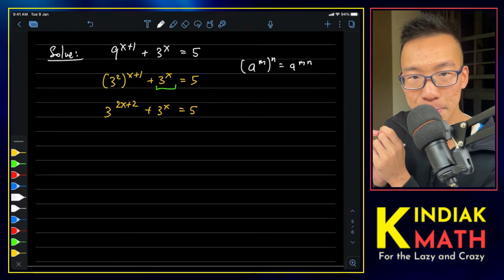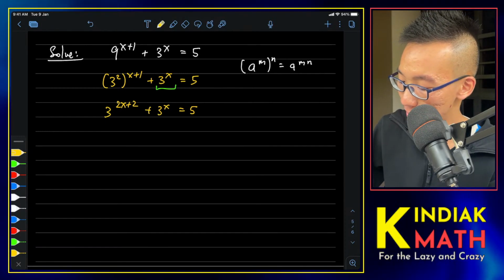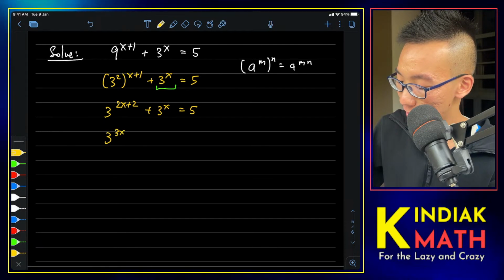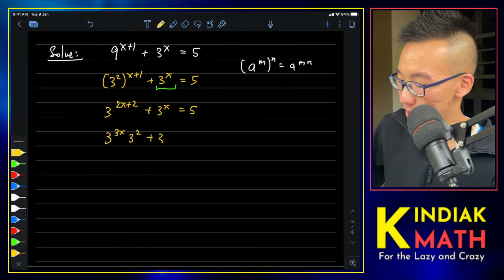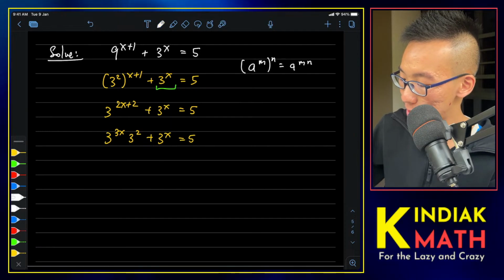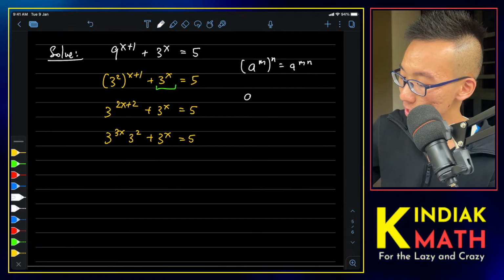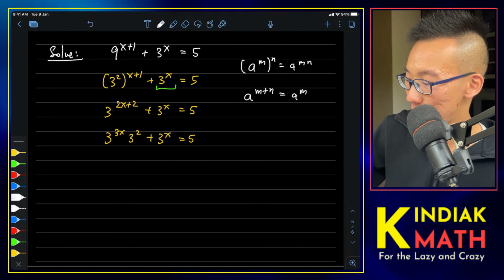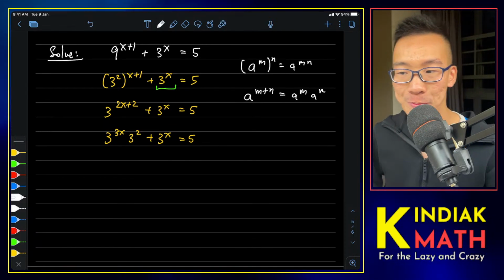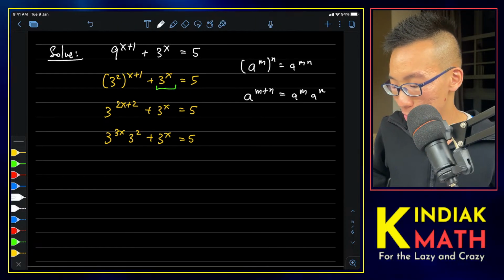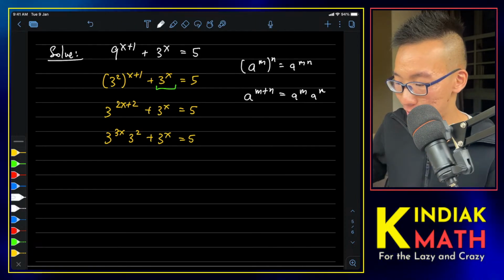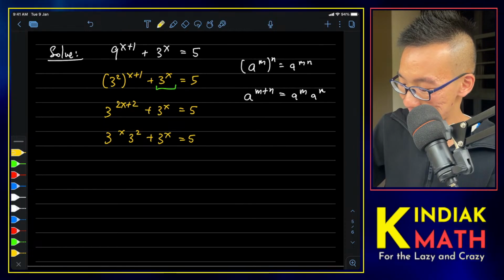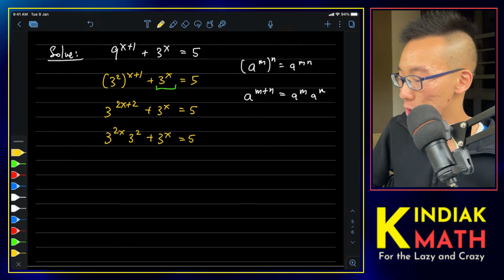And then we can split up the exponentials, because exponentials have this very unique property that you can convert addition into multiplication. I believe I'm in error. This should be 2x, not just that.